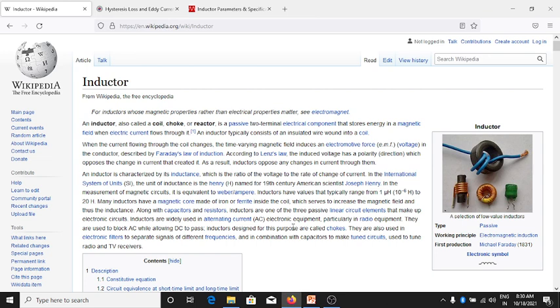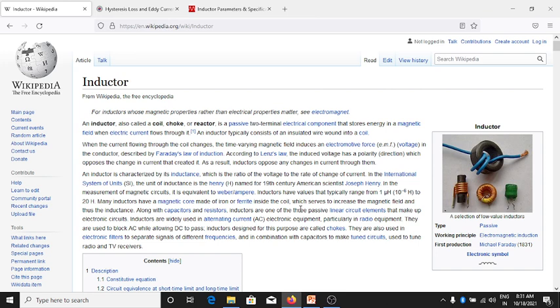In the next section, we will see the inductor symbols and all. It stores energy in the magnetic field when electric current flows through it. When the current flowing through the coil changes, the time-varying magnetic field induces an electromotive force.